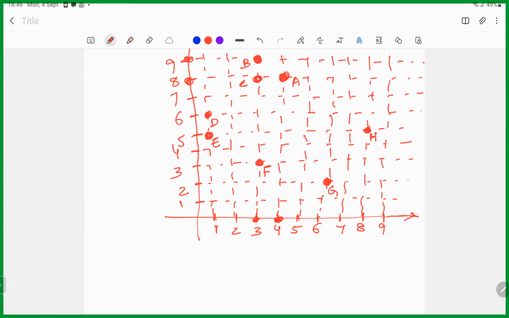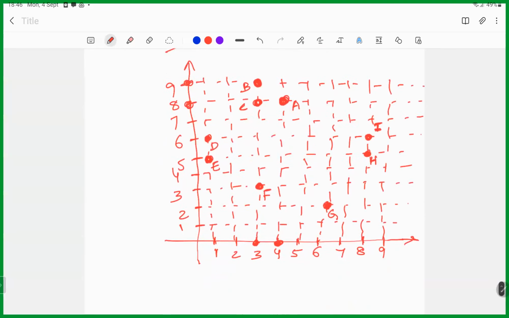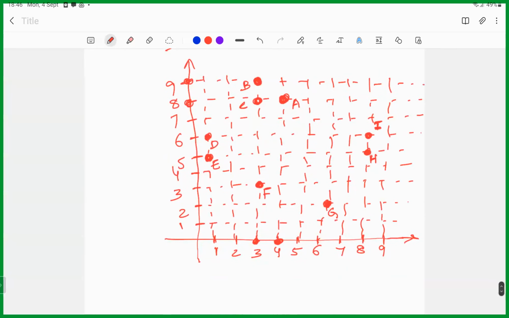Point I is 8, 6. And then point J is 6, 8.